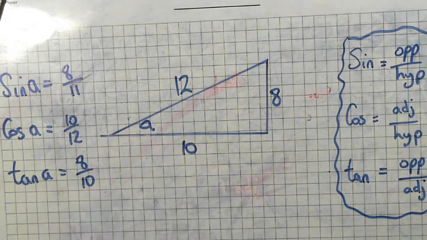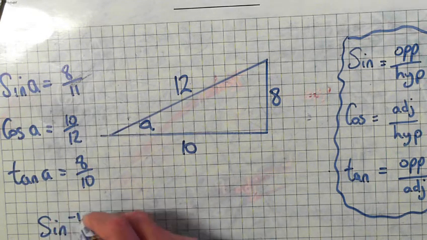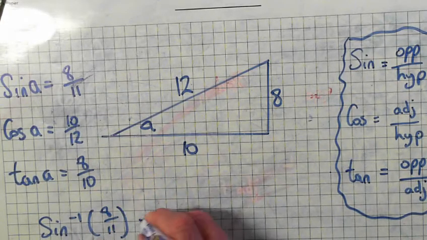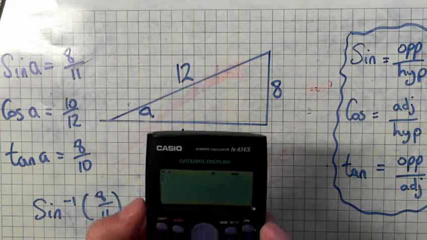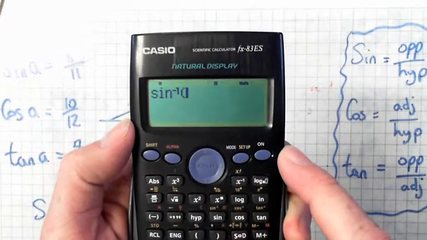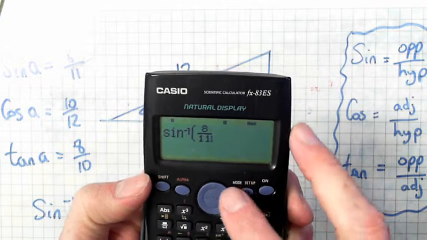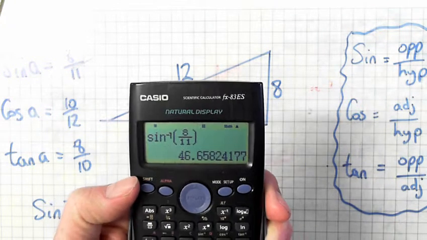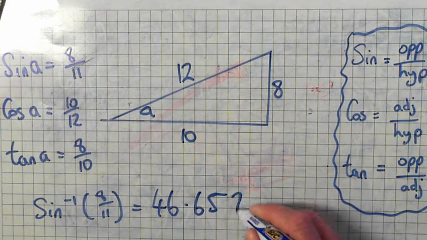Now, how do I find the angle A? I can use any one of those. So we'll go sine minus 1 and we'll put in 8 over 12. So we hit the second function button and sine and fraction 8 over 12. 46.65.